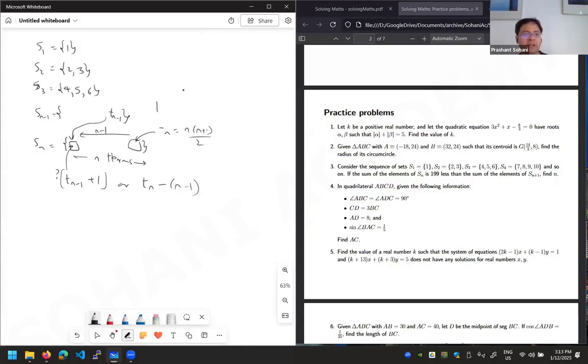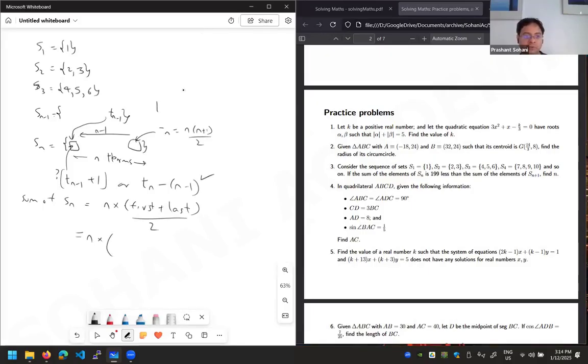Okay. So therefore, I know the first term and the last term of Sn, so I should be able to quickly find the sum of all the values, right? So the sum of the terms of Sn will be the number of terms into the average, so first term plus last term upon 2. So that is n into... let us say I use this formula.